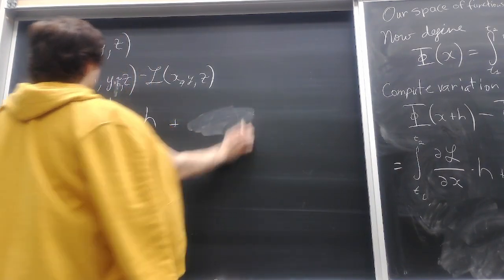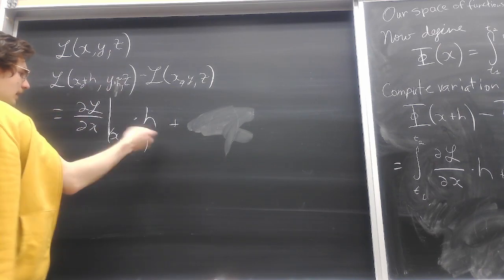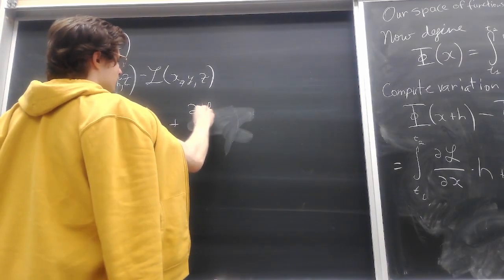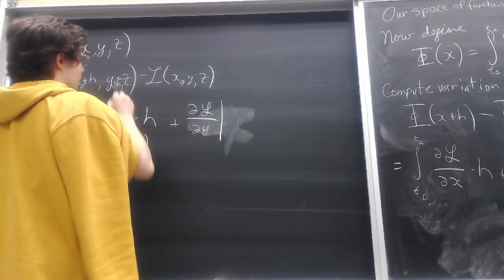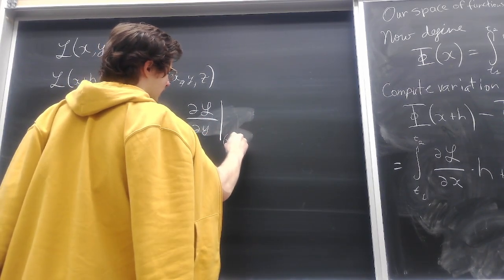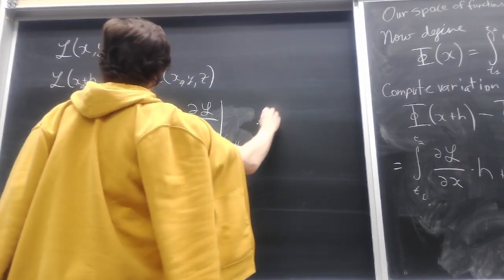I just differentiate in the direction of h squiggle, and add a term here: dL dy evaluated at x naught, y naught, z naught, times h squiggle.